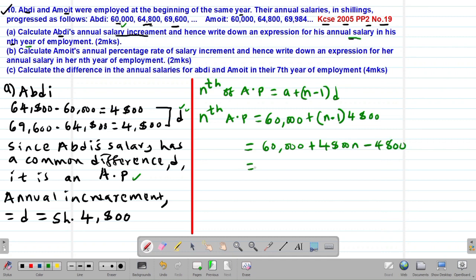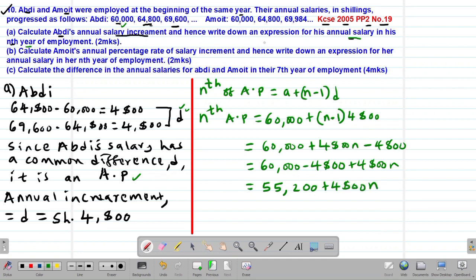If I collect the like terms, I'll end up with 60,000 minus 4,800, then I'll add 4,800n. Taking 60,000 minus 4,800, I'm going to get 55,200, plus 4,800n.